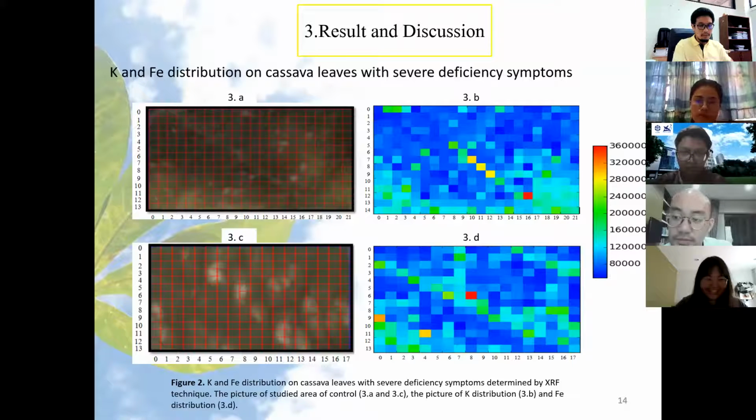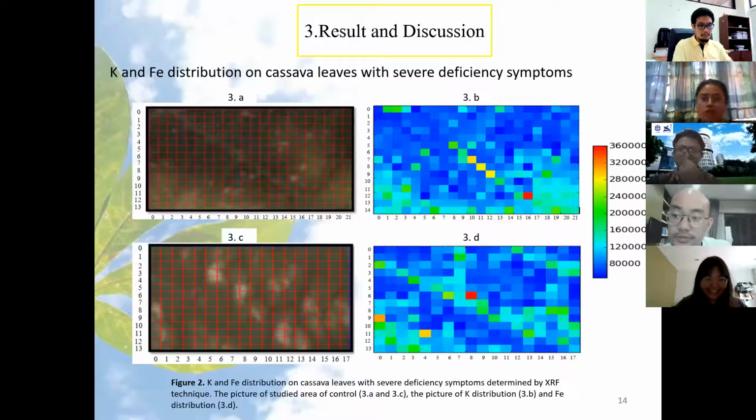But you can see here that iron is high in the symptom. Yeah, very high, around here, the severe iron. In iron, it will be severe in the tip leaf.